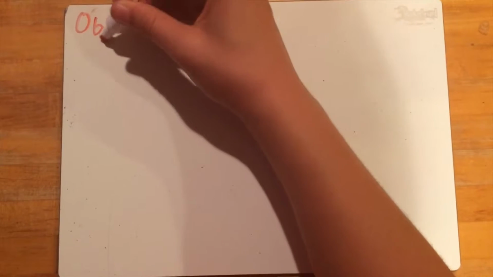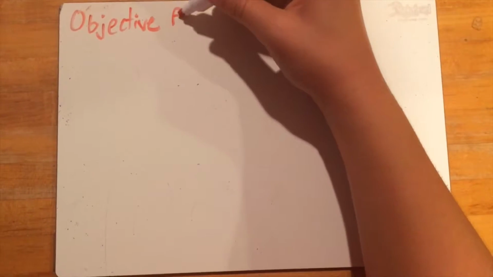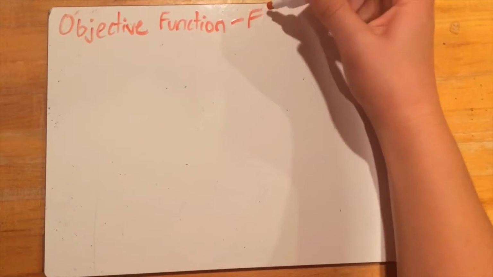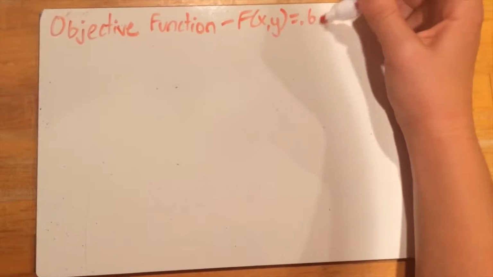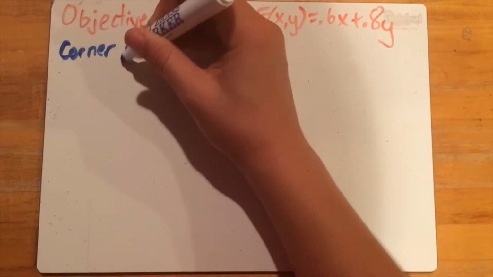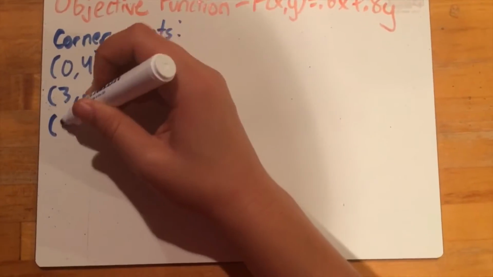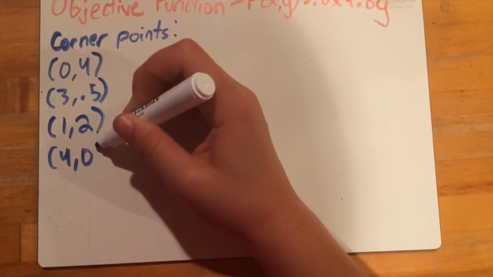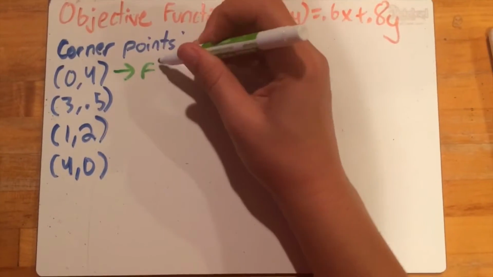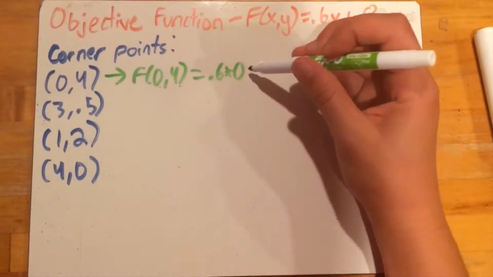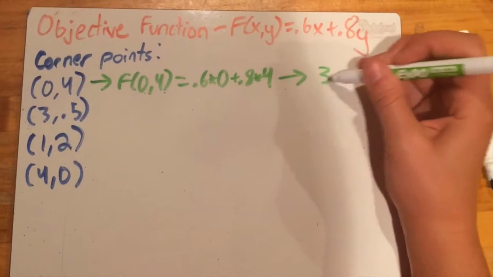Our next step is to use the objective function to find the most cost-efficient way of taking her pills. So we're going to use the form of our objective function from before, f of x and y equals 0.6x plus 0.8y. First we record all of our corner points, and then we put them into the f form using our corner points as the x and y.